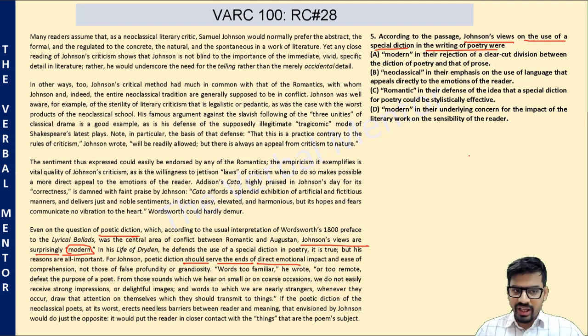So this is why his views were different and modern. So option A or option D remain. They were not neoclassical. As a matter of fact, they were against the neoclassical. They were not romantic really. There's no similarity drawn between Johnson's opinion and Romantic's opinion in context of poetic diction.